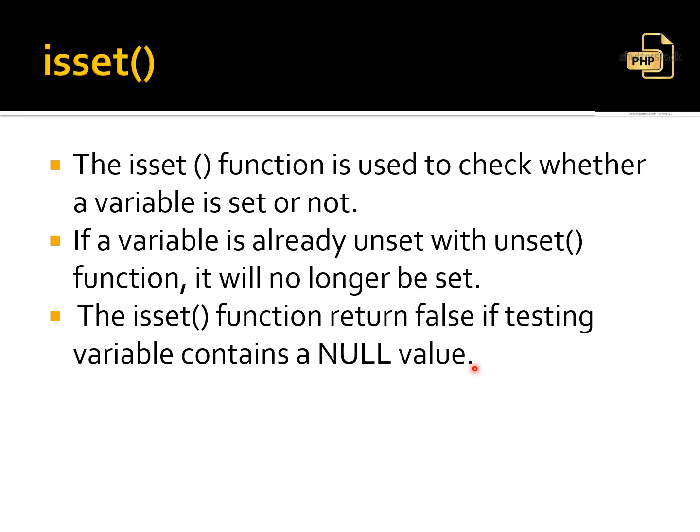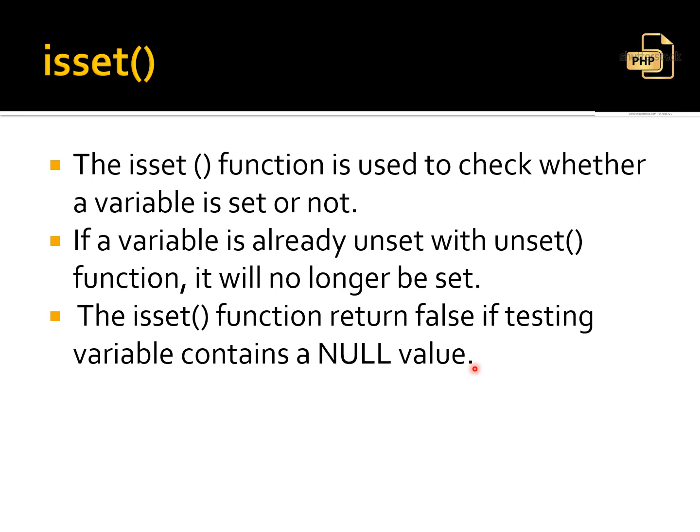Suppose variable A has the value 10, and you use the isset function on variable A. It produces a true value because A has data 10, which is a valid integer value.